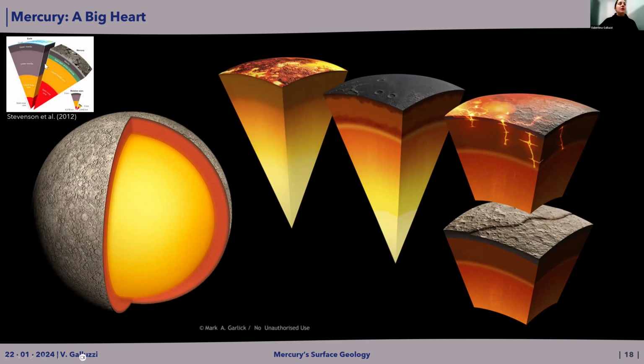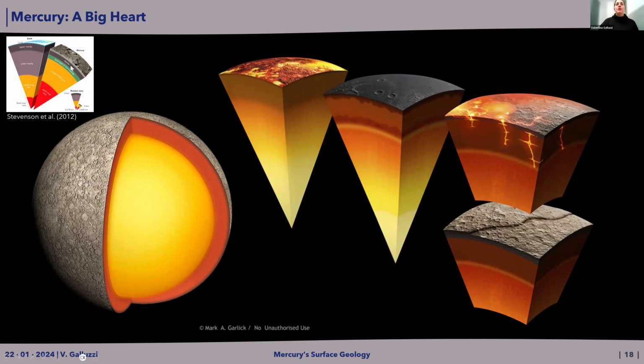Okay, so here you see the comparison of Mercury with respect to the Earth, where you have a liquid outer core, but the entire size of the core is very huge. It occupies almost 50% of the volume of the planet, and the mantle, as you can see here, is very thin with respect to the mantle of the Earth.